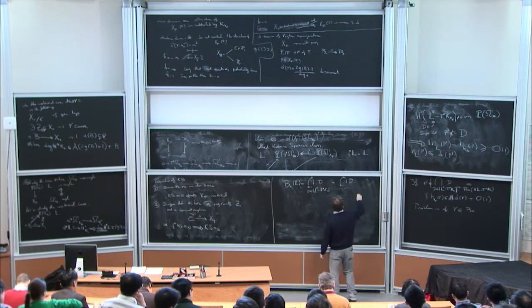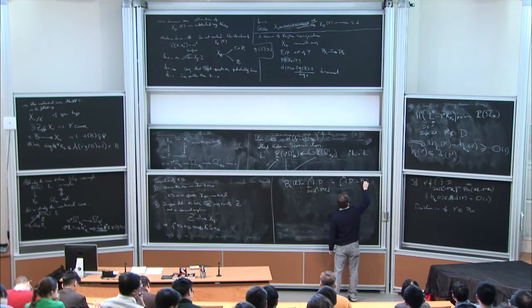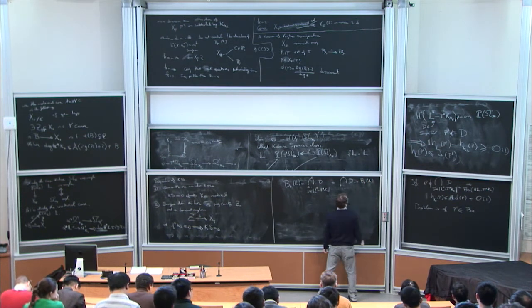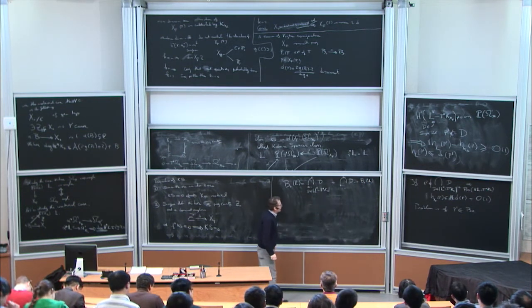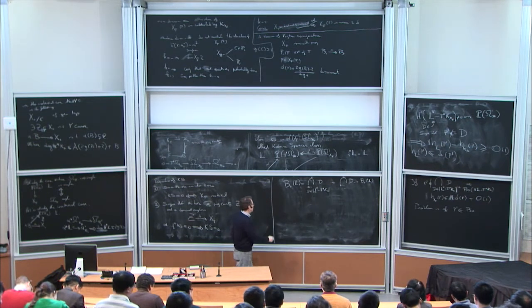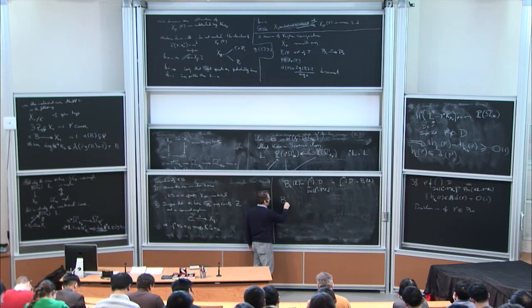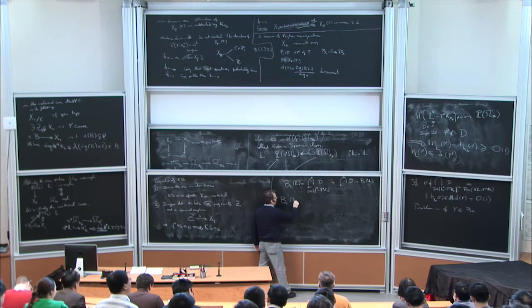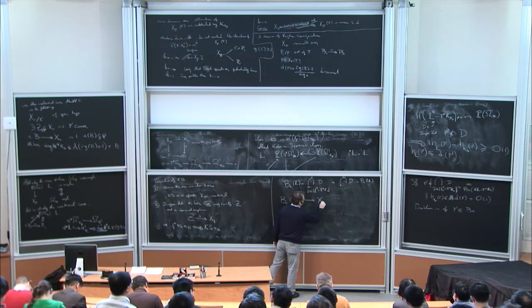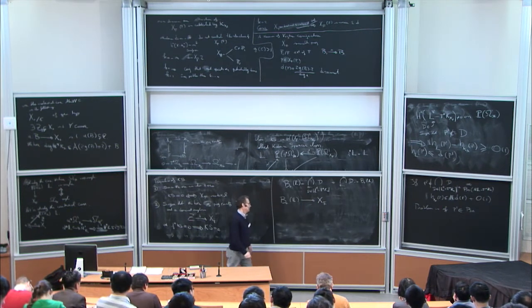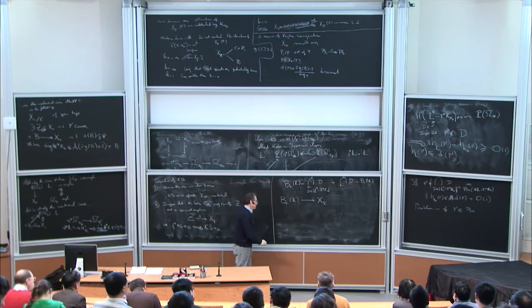So we need to study this B plus of L, and we have to look at B plus of L, the map over XF. So the first thing is we are lucky.